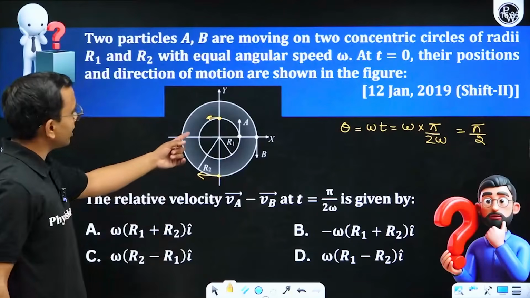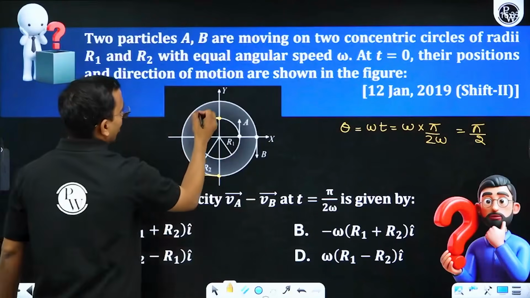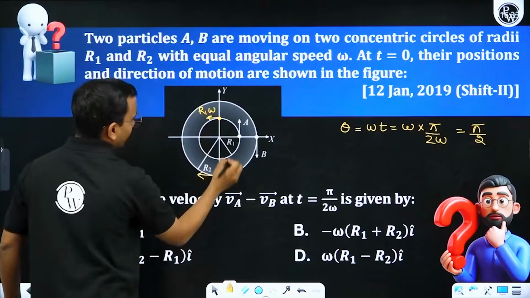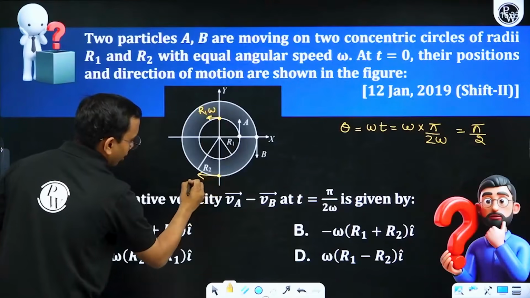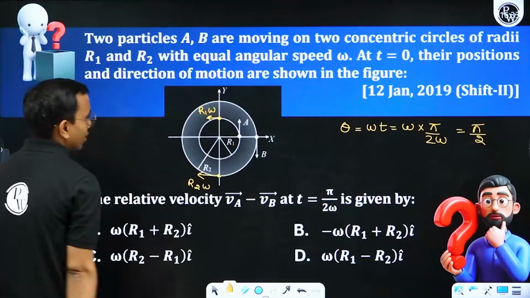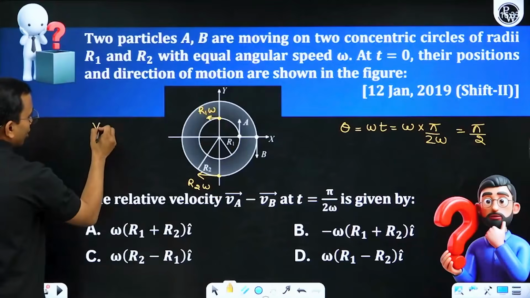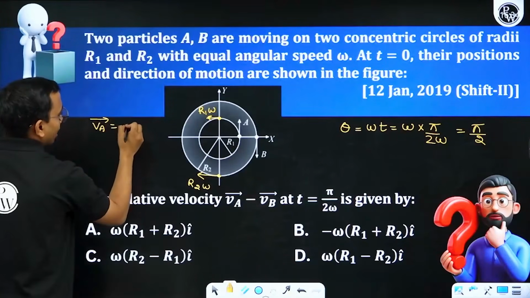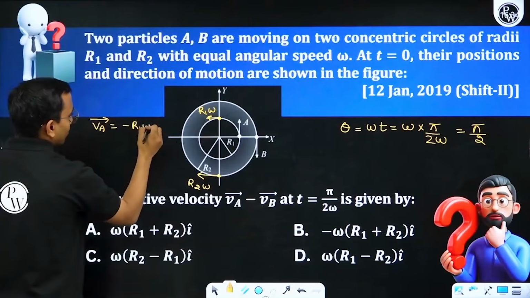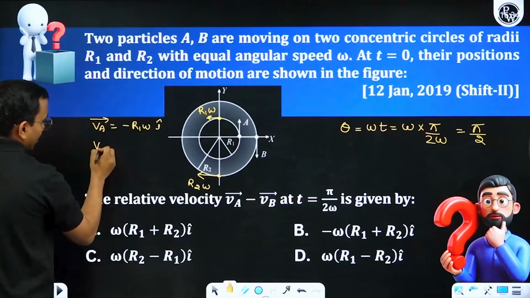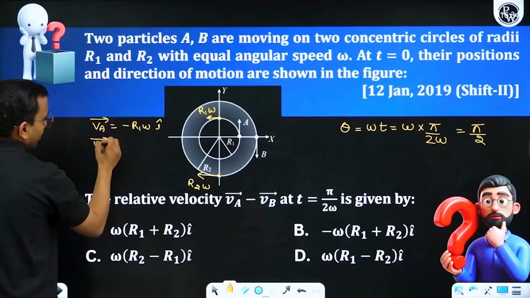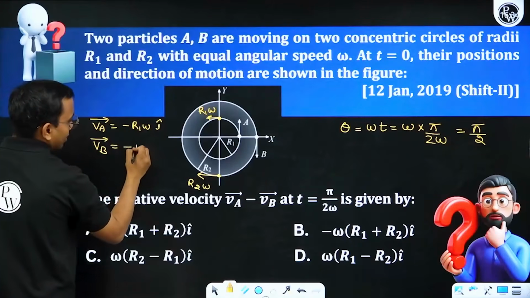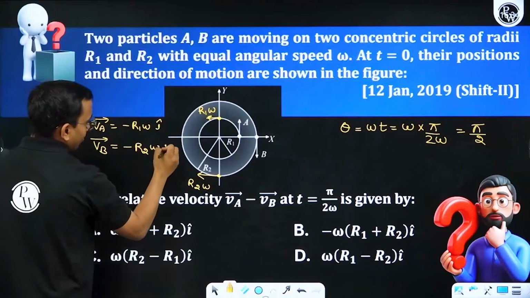With what velocity will A move? R1 omega. With what velocity will B move? R2 omega. What is VA if I ask you? You will say, sir, VA is R1 omega, minus i cap. So minus R1 omega i cap. VB is minus R2 omega i cap.